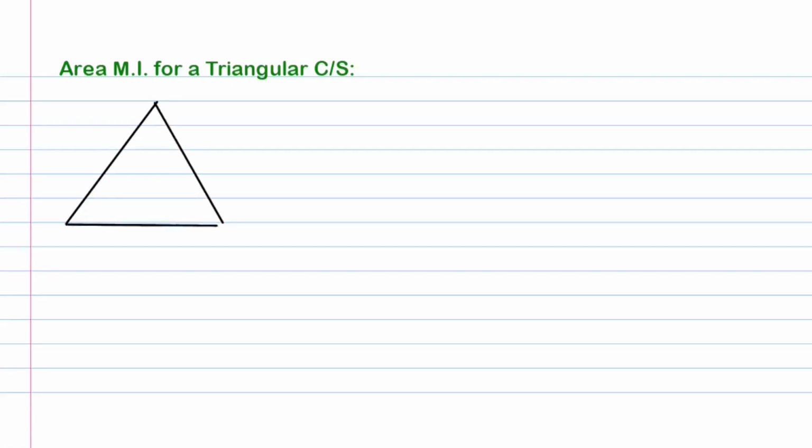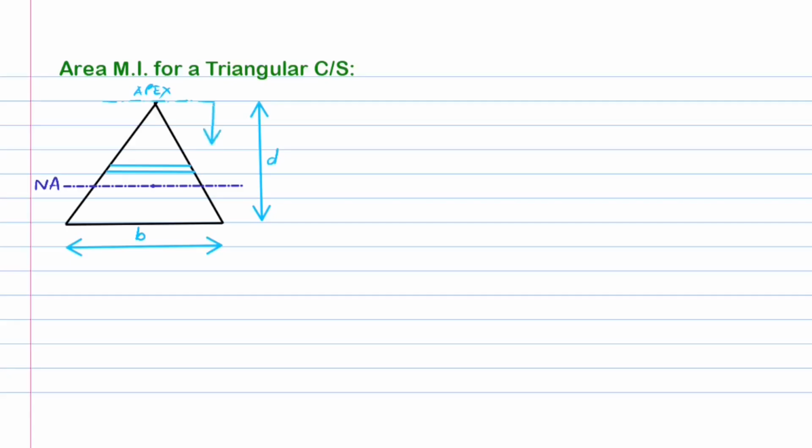Finally, let's calculate the area moment of inertia for a triangular section. Here, we take the reference as the apex of the triangle for convenience. For the differential area, we show a thin horizontal strip of thickness del y at a distance of y from the reference, that is the apex. The width of the strip as it proceeds from the apex to the base of the triangle increases linearly.